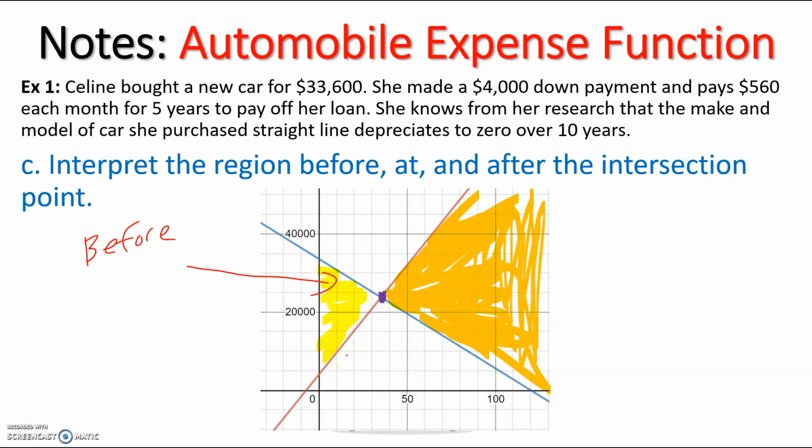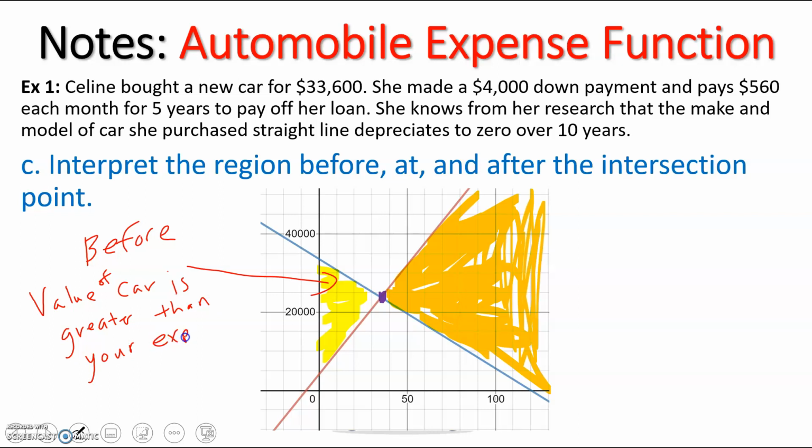So the before section represents that the value of the car, how much it's worth, is greater than your expense. In other words, you have more value in the car than you spent on the car. So you're not in the hole.